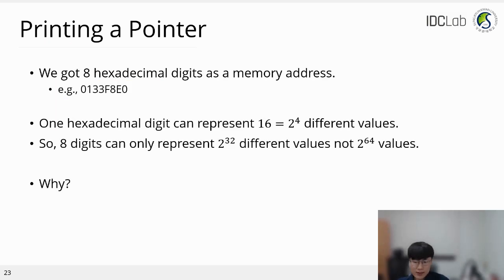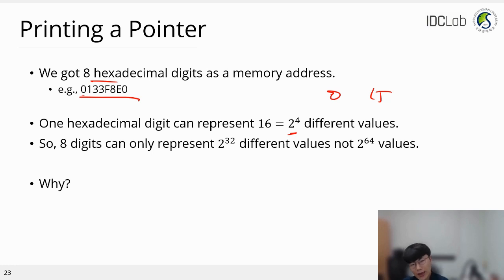In this example, you need to focus on the output. In the last example, we got 8 hexadecimal digits as a memory address, but is it correct? Does it represent a 64-bit memory address? Because here we have 8 digits, and one hexadecimal digit can represent 16 different values from 0 to 15, which is 2 to the power of 4.